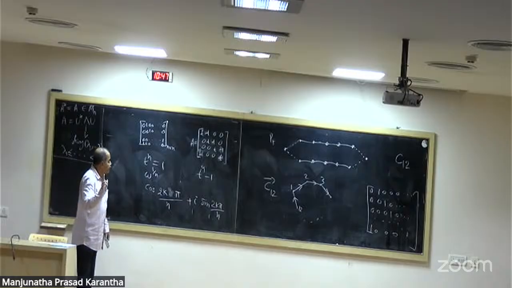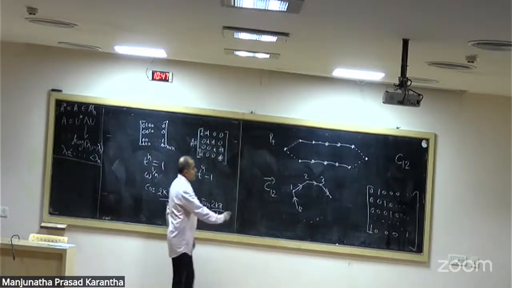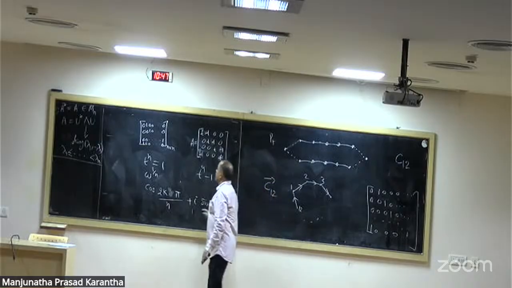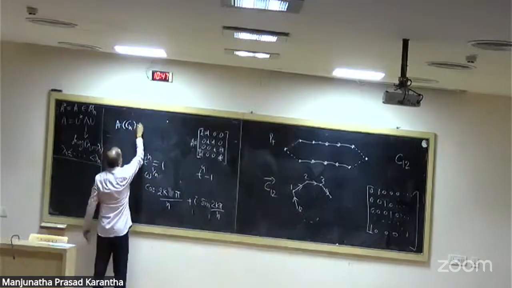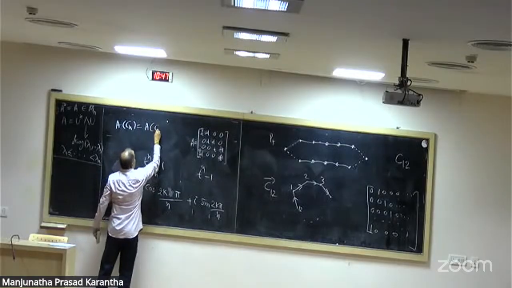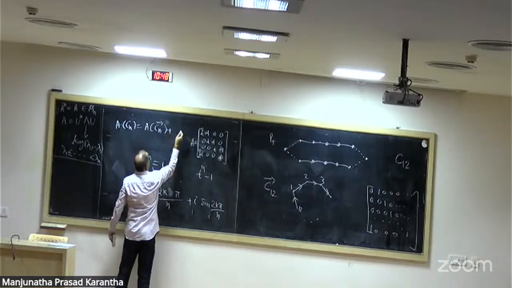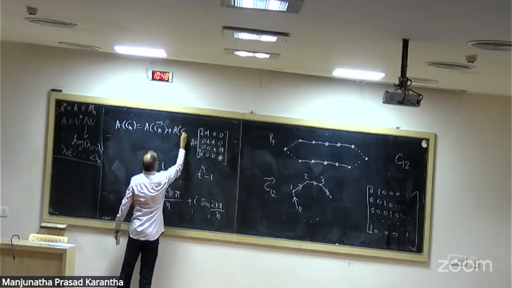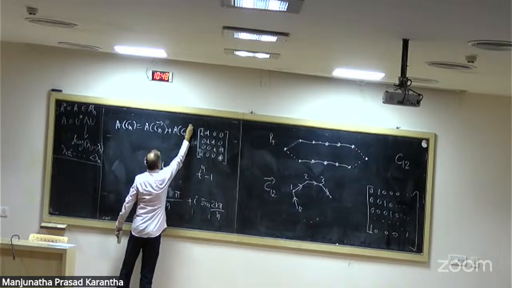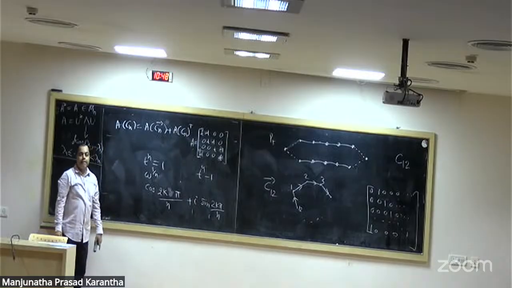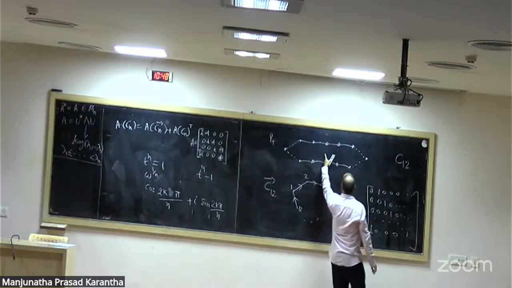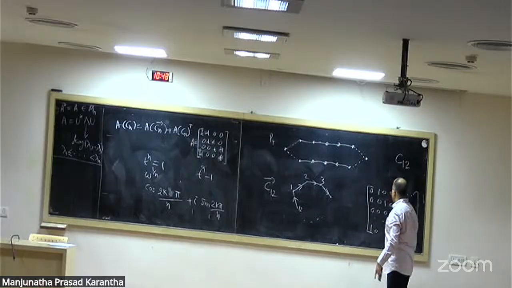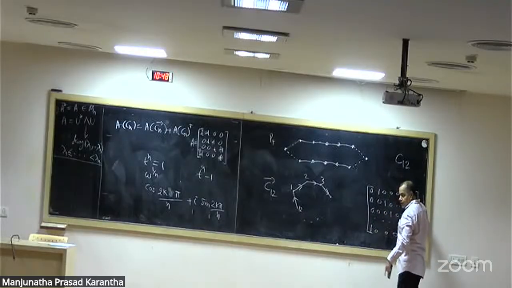And then there is one more thing. This one, the A C_n, is equal to A C_n directed plus its transpose. Because if you are trying to write the adjacency matrix of this one, then you would like to put one here, one here, one here, and this one there also.